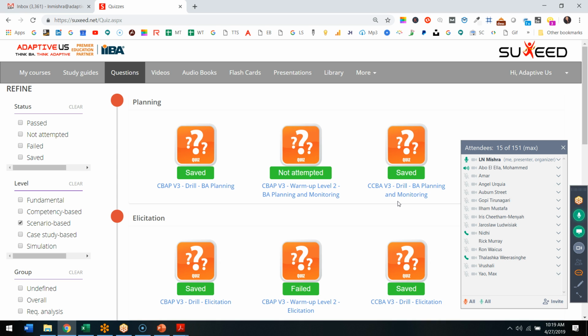Oh, is that why I don't see it? Yes. But the complexity level of CCBA questions is actually the same as this. It is the same thing, just that we renamed it for you so that you don't feel that it's a CCBA question. We just call it warm-up level 2, but it's nothing but CCBA drill questions.